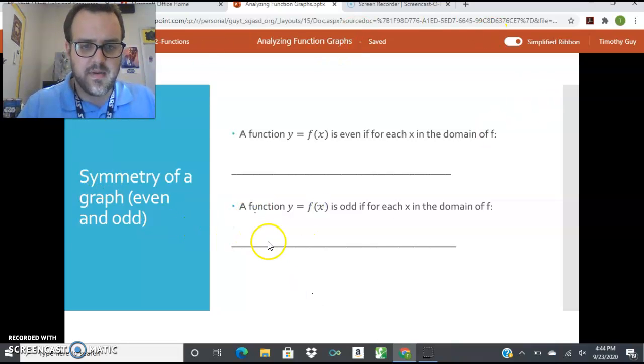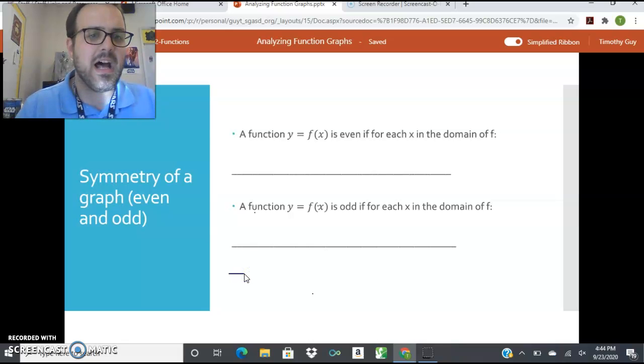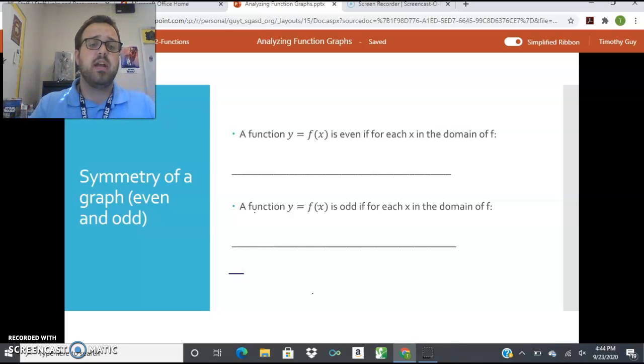We're going to be talking about even and odd functions now, talking about the symmetry of different functions. What we're looking for here is what kind of symmetry a function has, and that is based on whether we call the function an even function or an odd function.